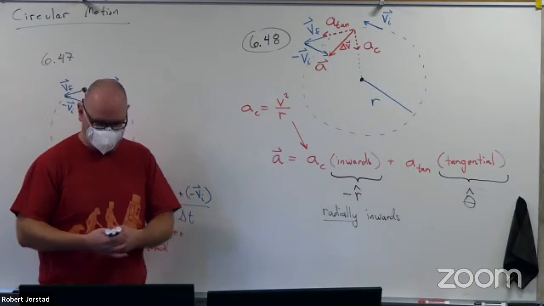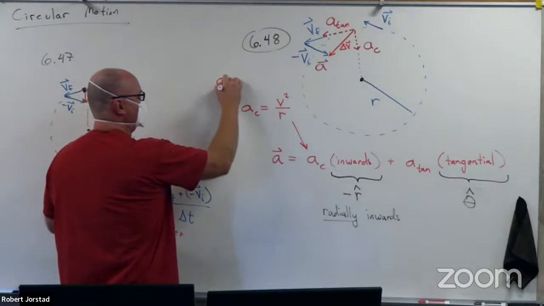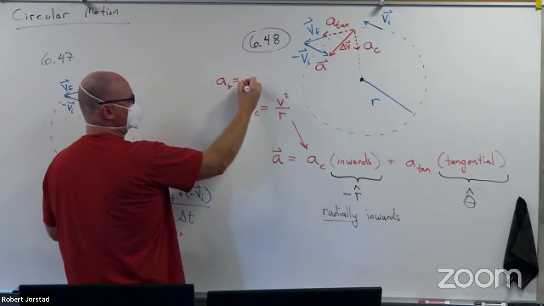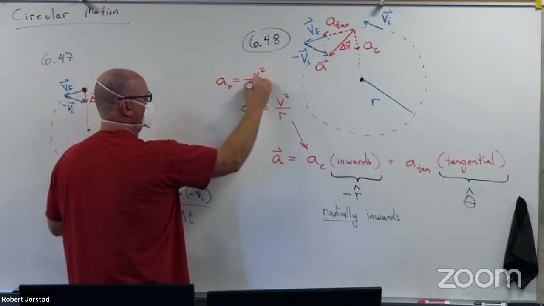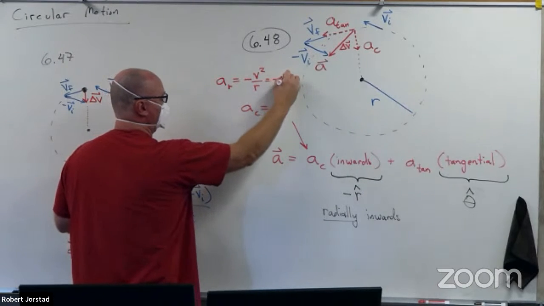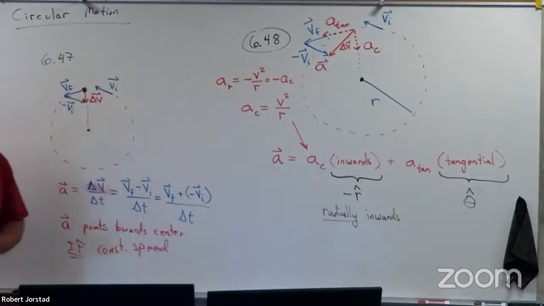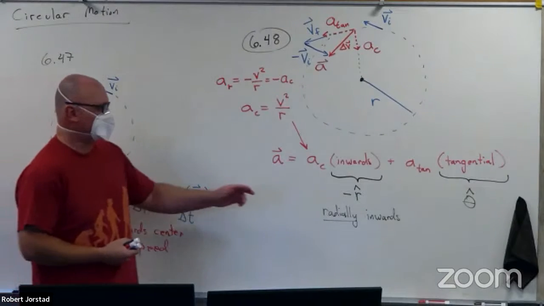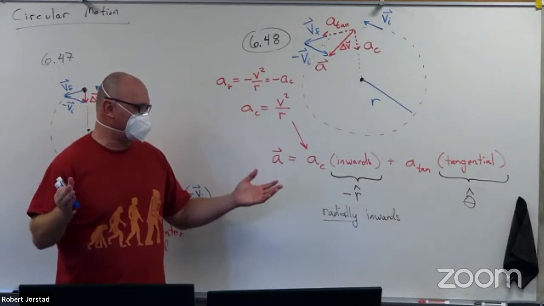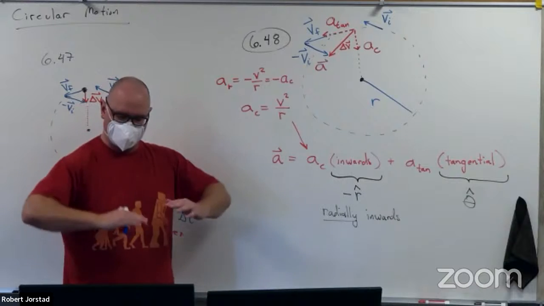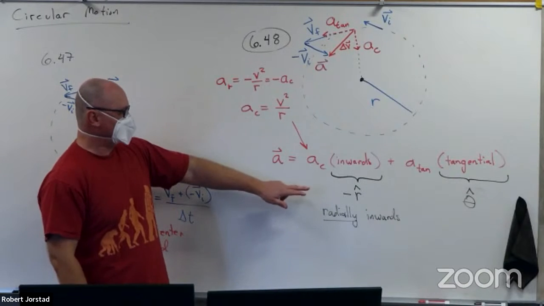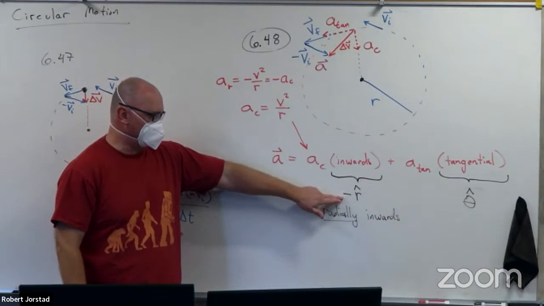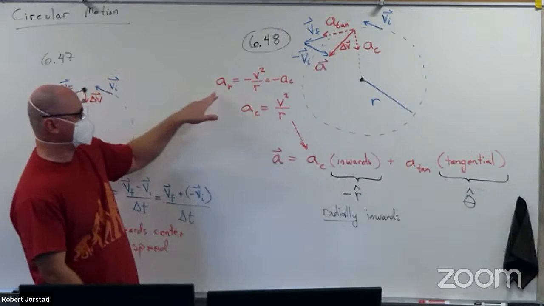In other textbooks, you might see a subscript r, which is equal to negative v squared over r, equals negative AC. Some other textbooks, and I'm telling you, it's about 50-50 here, depending on which level of math you're at, a lot of times they'll take this minus sign and group it up here.